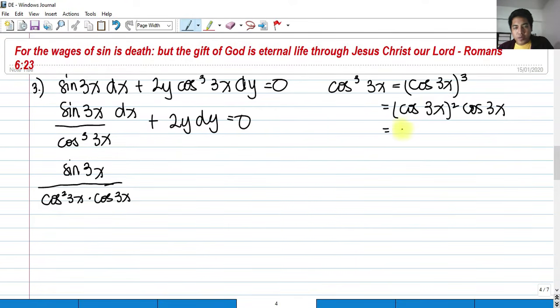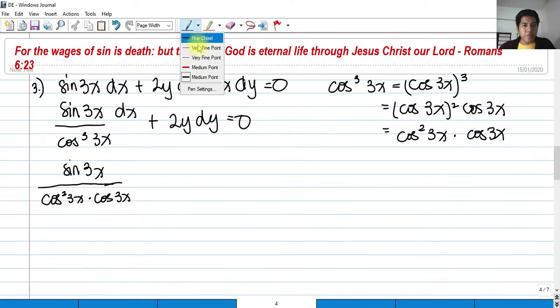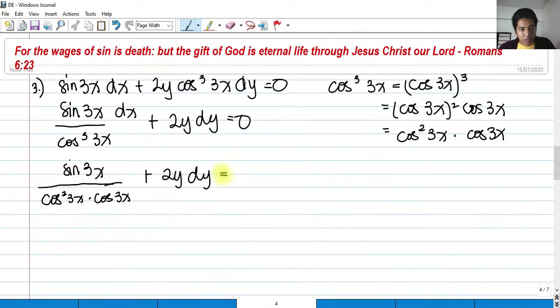And cosine 3x squared is still the same as cosine squared 3x, multiplied by cosine 3x. So we split down the cosine cube 3x, and we have plus 2y dy is equal to 0.